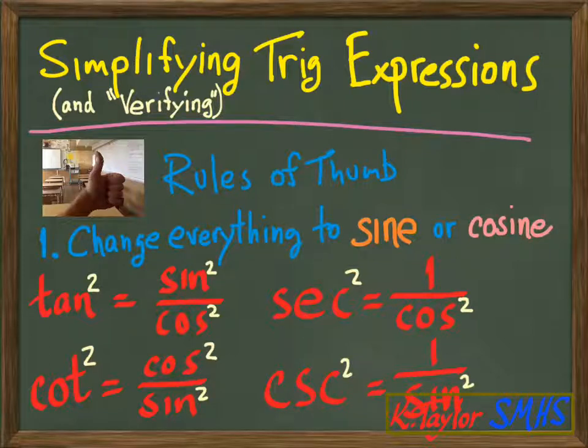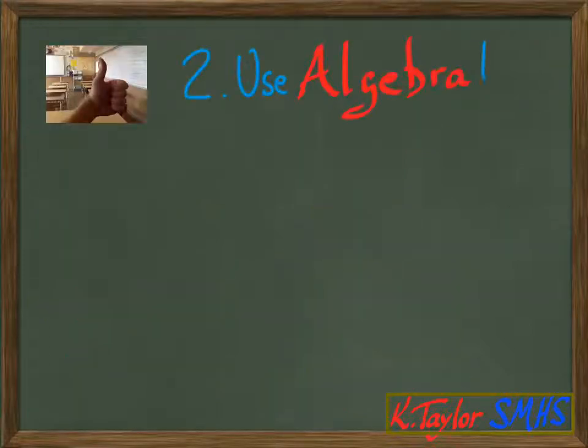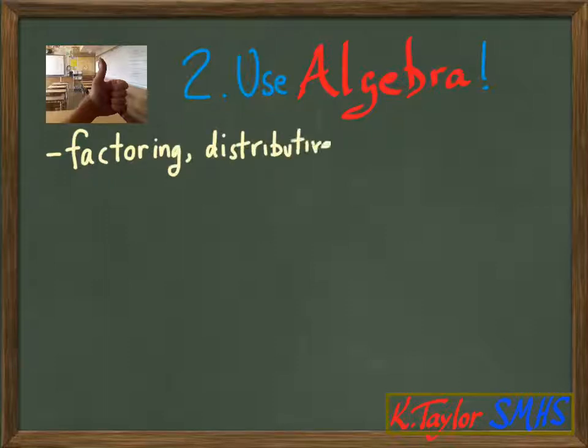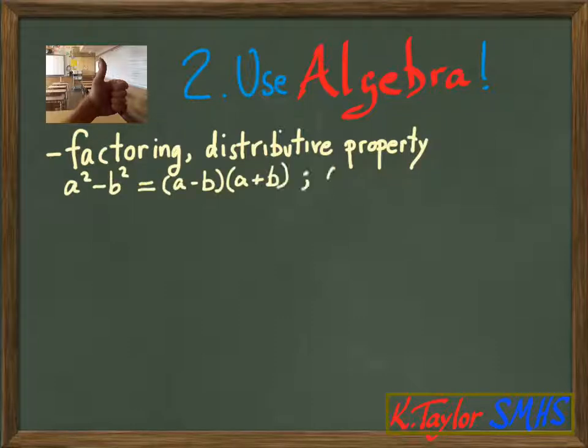The next rule of thumb is to basically just use algebra. And algebra is a big word here, really, and there's a lot of different little tricks. I'm just going to outline a few that I find most useful, but there are lots of other ones like this. So the first one is, don't forget about factoring and using the distributive property to multiply or to simplify different expressions, okay?